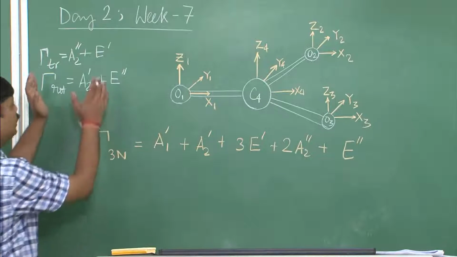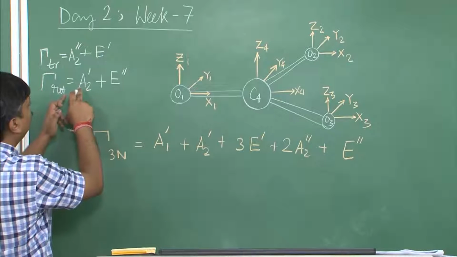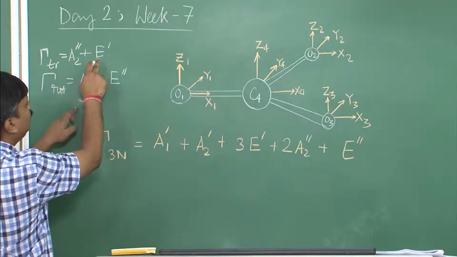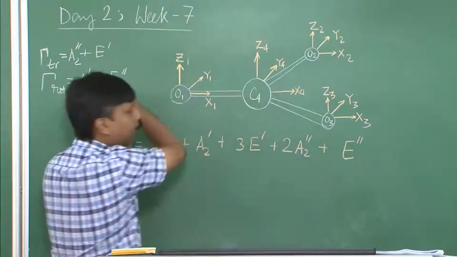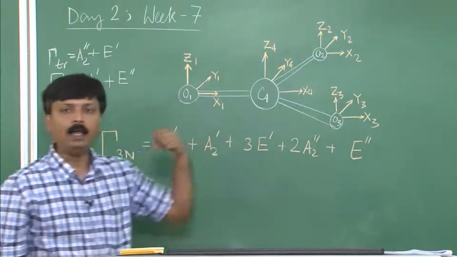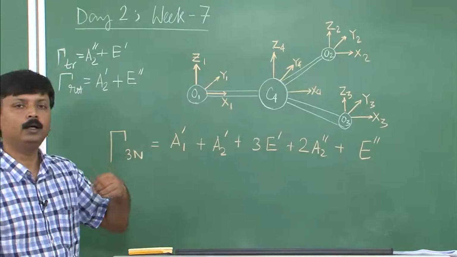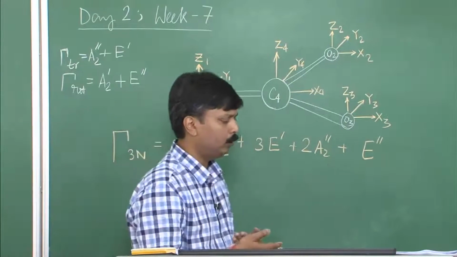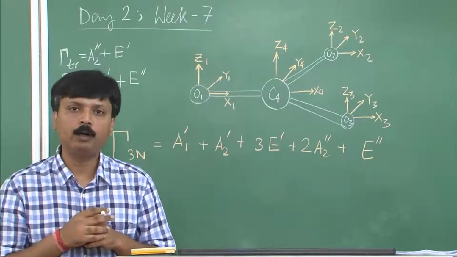Now, altogether, translational plus rotational, I have A2 prime, A2 double prime, E prime and E double prime. If I take out these 4 irreducible representations from this list, I get the irreducible representations which give me the symmetries of the molecular vibrations, right.